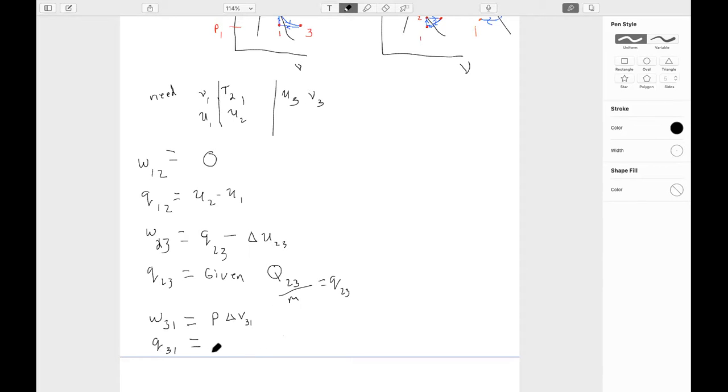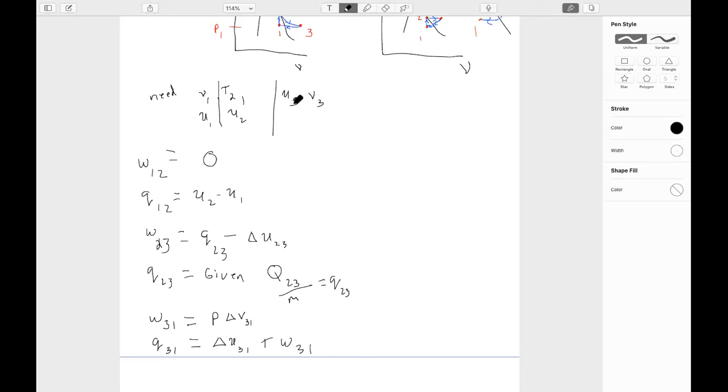Okay. And then we need the heat from 3 to 1. The heat's going to be delta U from 3 to 1. We already know those numbers at this point. They're already in our grocery list. And then I need to add the work, which at this point we would already know.